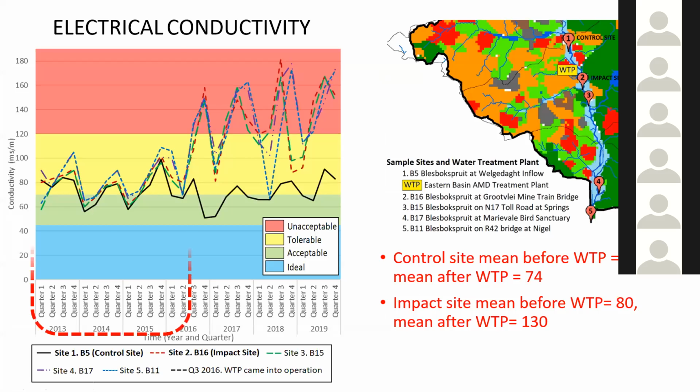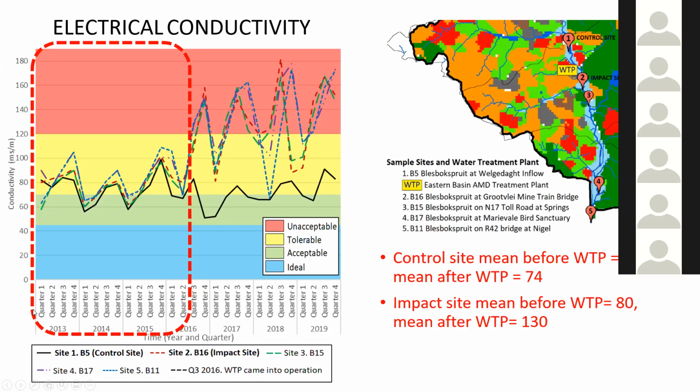So what does this all mean? I think this image will be able to tell you exactly what point we're trying to make here. If we focus specifically on electrical conductivity, you can see that sites 1, 2, 3, 4, and 5 are all outlined here with either a dashed line or a color.